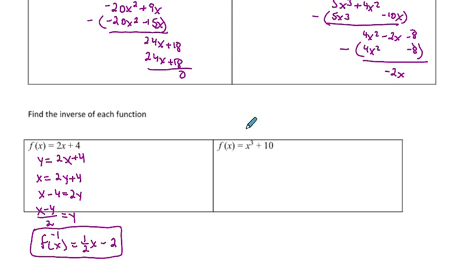All right, last one, looking at this right here, replacing, first of all, then swapping. Then solving for y is going to give us x minus 10 equals y cubed.